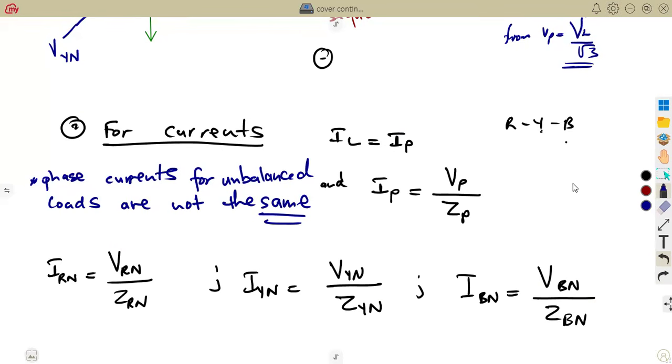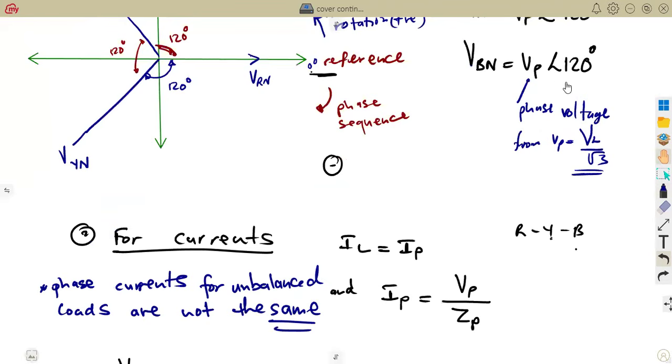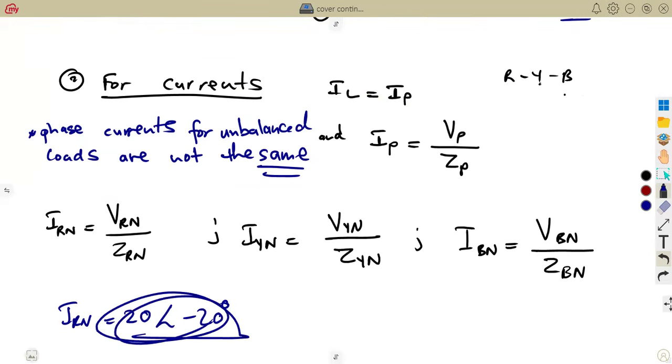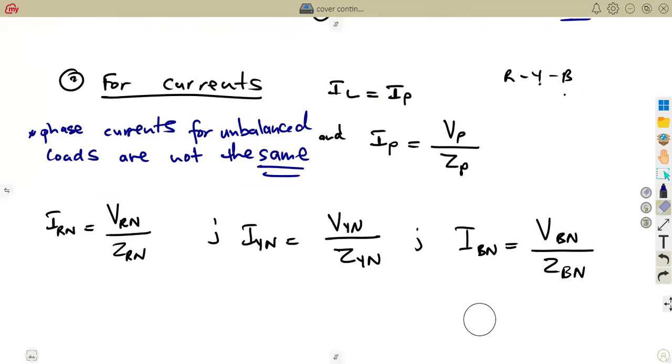So it can be represented as three-phase voltages in terms of this part here. Remember when you had this, it was VP in terms of 120, this and that. So it will be the same thing here. IRN, maybe there's a value that you are given at a certain angle, maybe it's minus something we don't know, whatever it is, it will be the same way, which can be represented on the vector diagram as well.